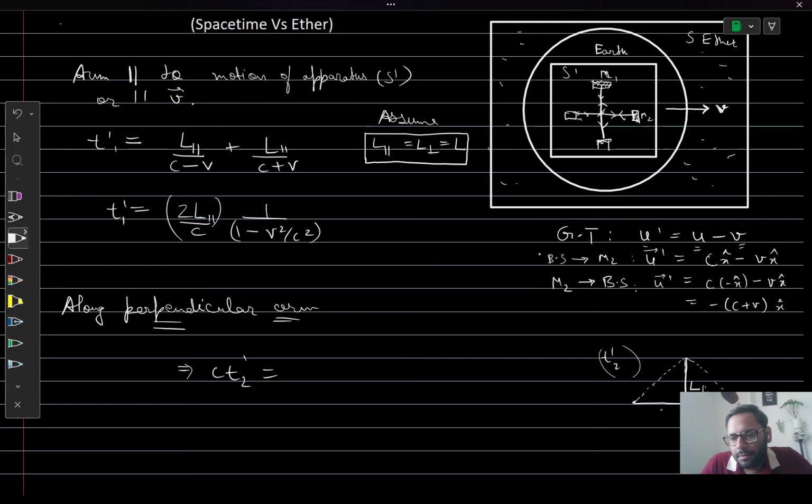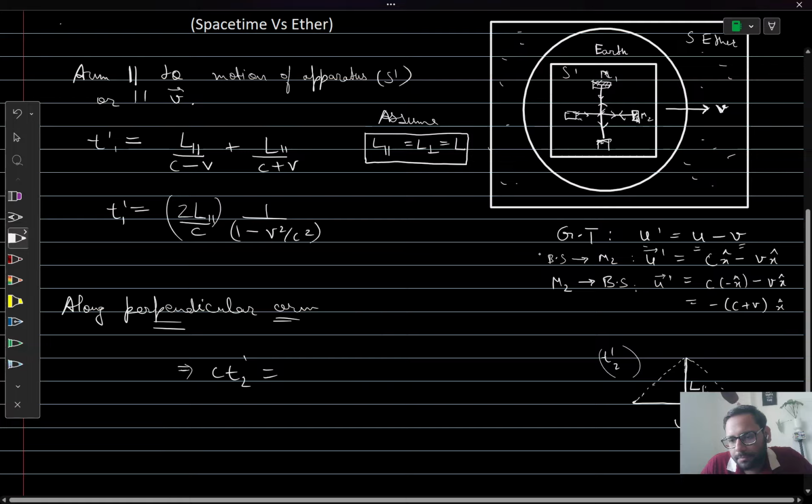Suppose in the t2 prime time the apparatus has moved a distance of v t2 prime. So what will be the hypotenuse?